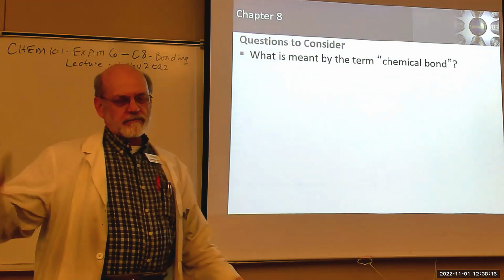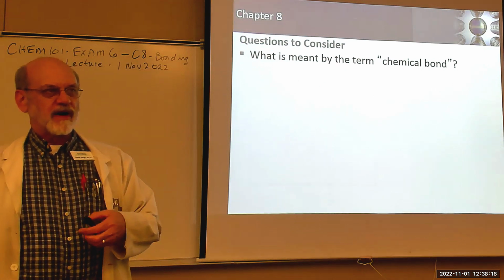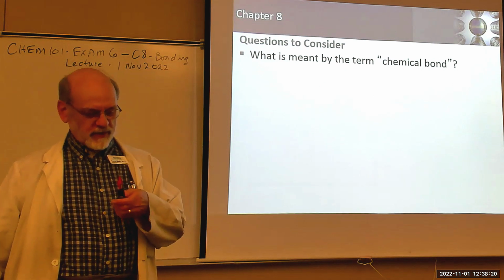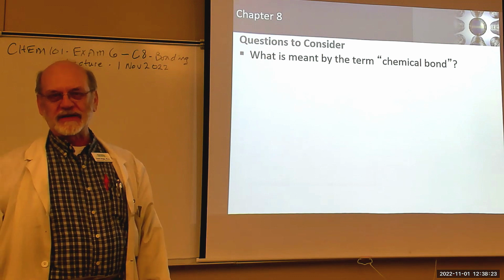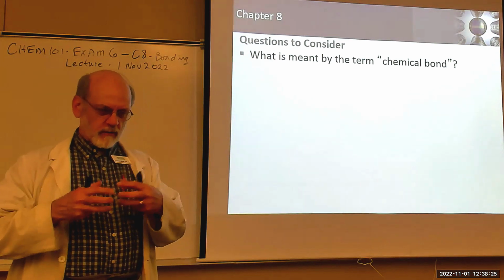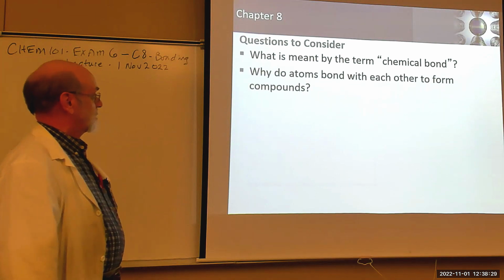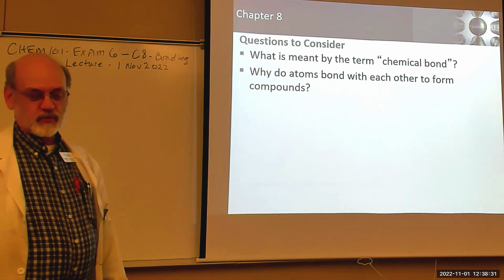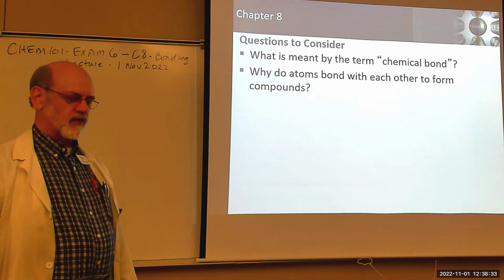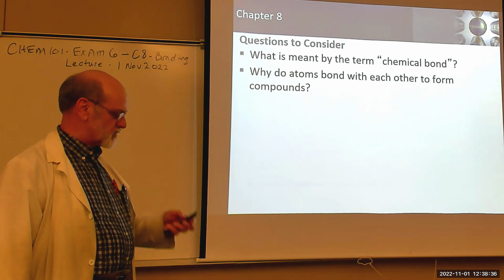So we bat these words around, chemical bond, as if we know what we're talking about. But what is a chemical bond? You can make it really, really simple, or you can complicate it. And we're going to start off simple, of course, and then try to gain some more knowledge about the bond.